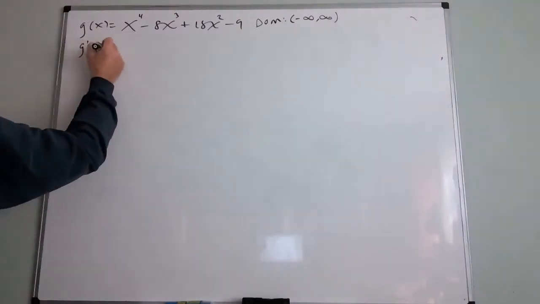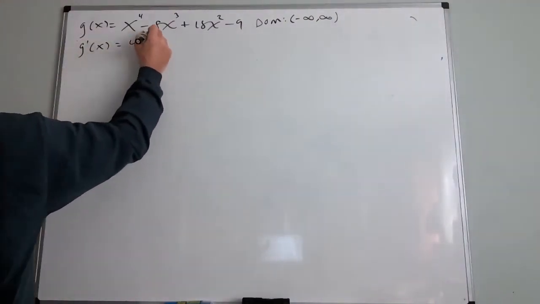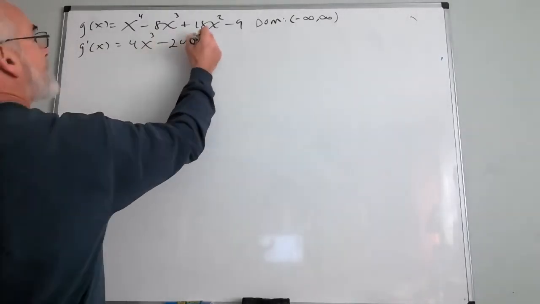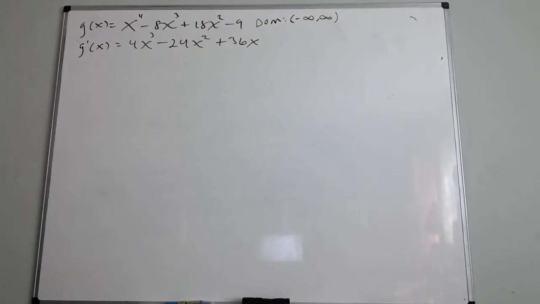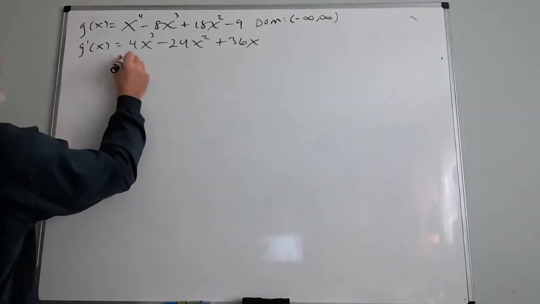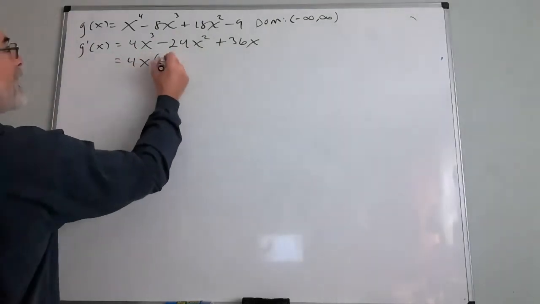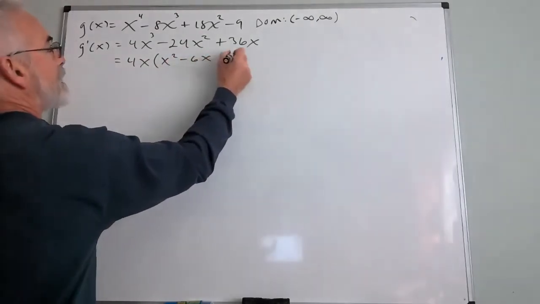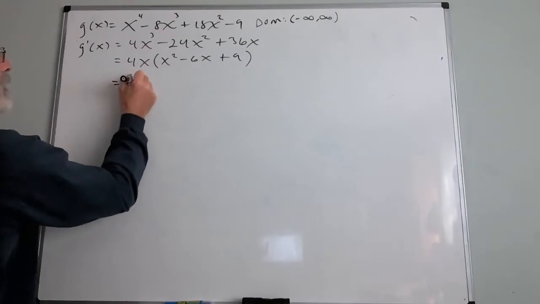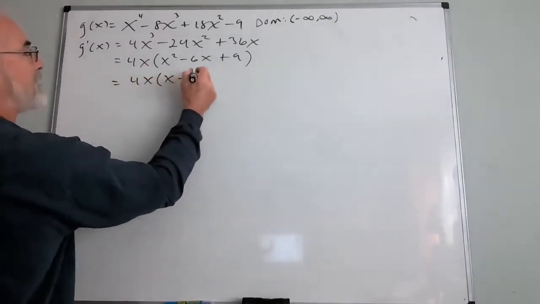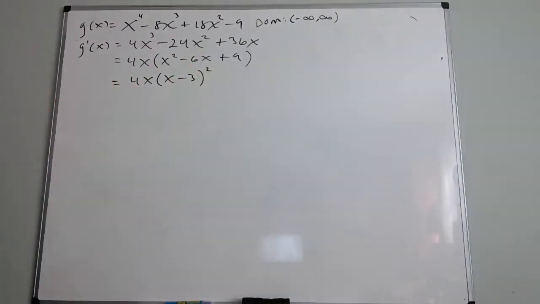So g prime of x is 4x cubed minus 24x squared plus 36x. Can I factor this? Well, I think I can factor out a 4x. And that leaves me with x squared minus 6x plus 9. Oh, I think I can factor that further. How about 4x times (x minus 3) quantity squared?